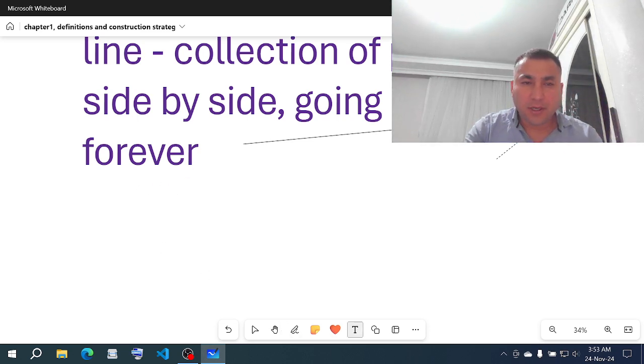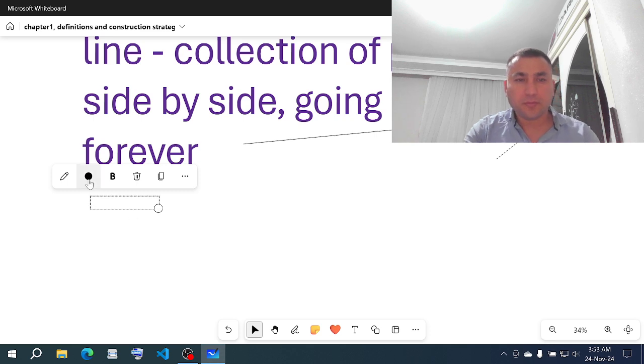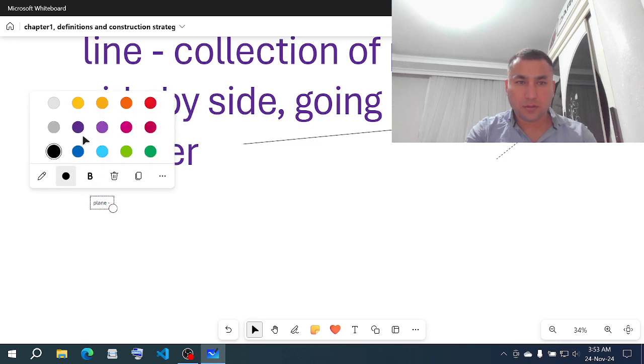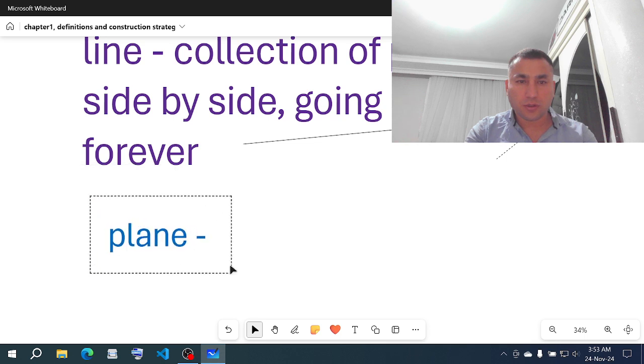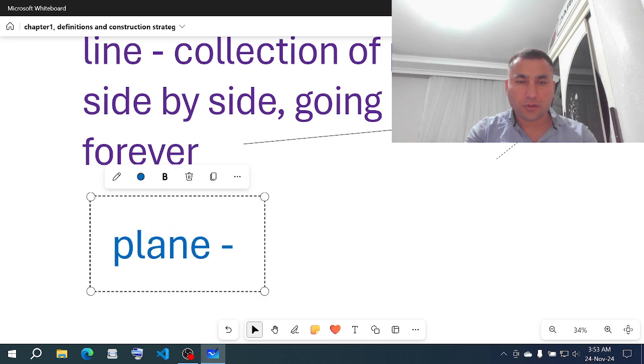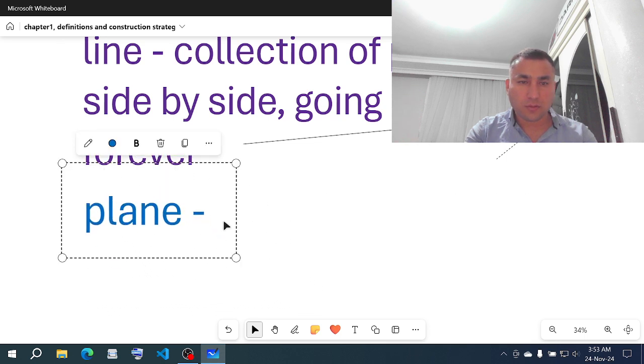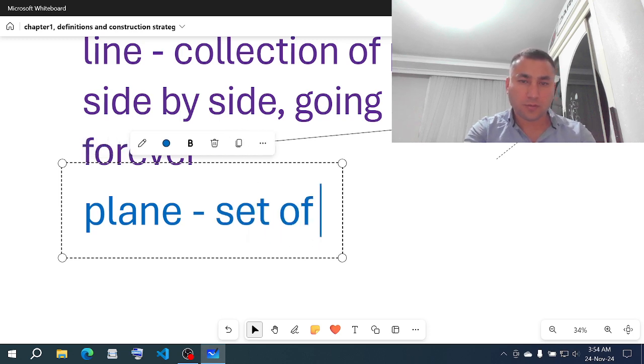And I have a plane. A plane is the set of points aligned on a flat surface.